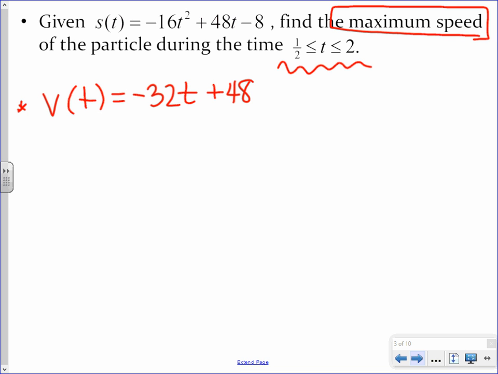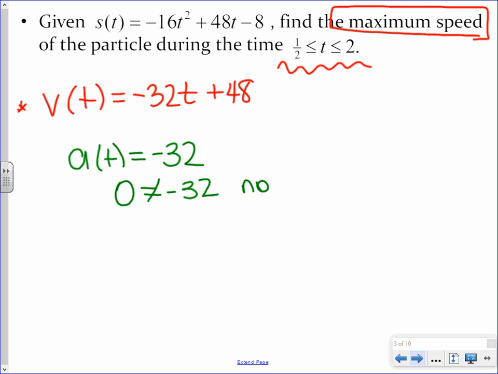But we want to find the maximum and minimums of the velocity so that we can figure out what the max speed is. Okay? So what is the derivative? Negative 32. Where is that equal to zero? Nowhere. It's not. Okay, so this is interesting because there are no critical points.